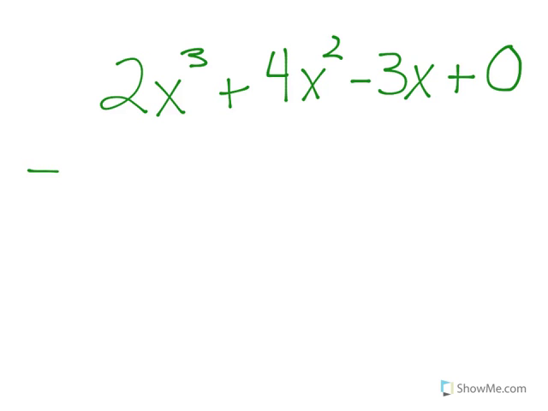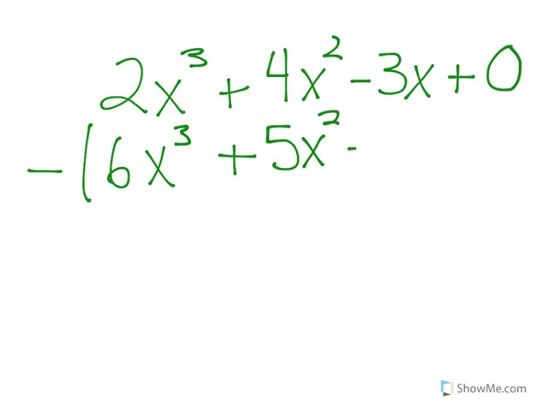I'm going to subtract then the polynomial 6x cubed, and here I'm lining up like terms underneath one another. Plus 5x squared, minus, I didn't have a term with an x to the first power, so I'm going to add a 0x again as a placeholder, and then plus my constant 4.